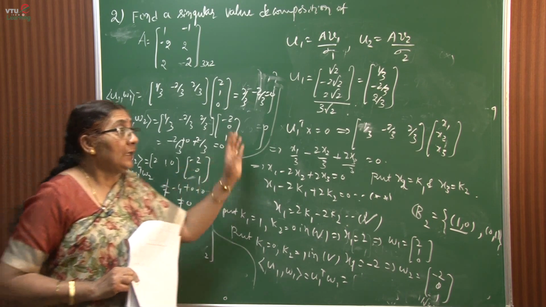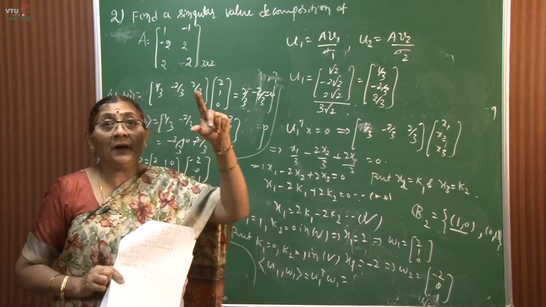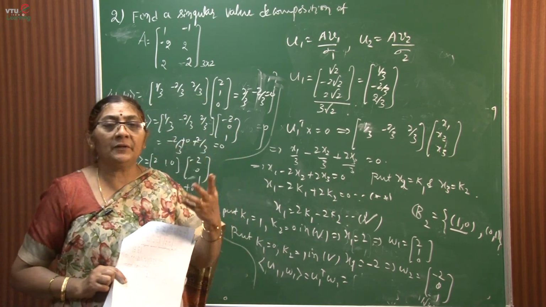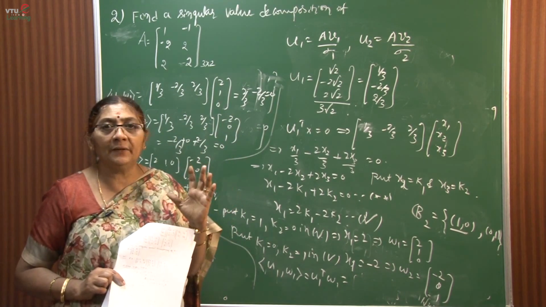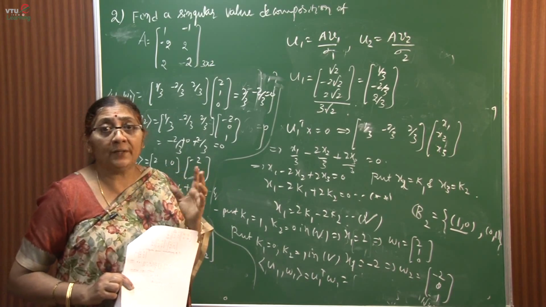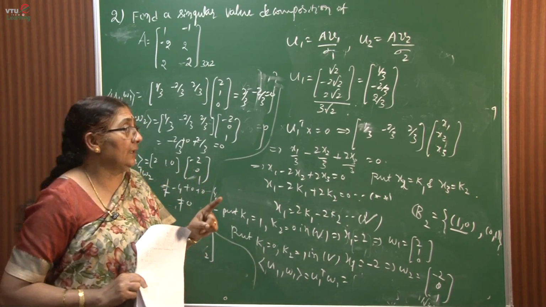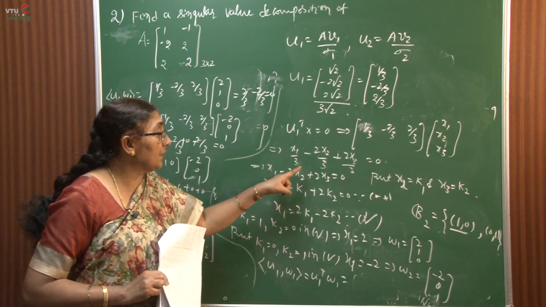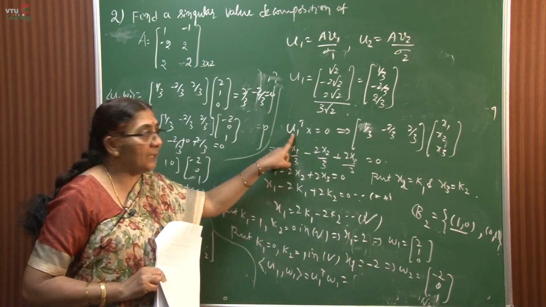Now, why is this problem facing here? Because in the first problem we got U1, U2 directly from AV1 by sigma 1 and AV2 by sigma 2. That is normalized, and both U1 and U2 are orthogonal. But here it is not orthogonal, because we found W1 and W2 based on U1.